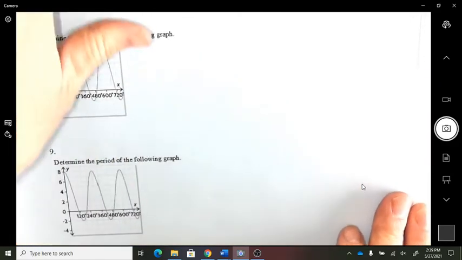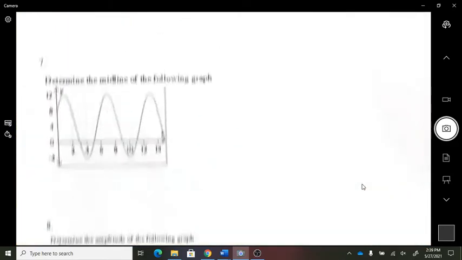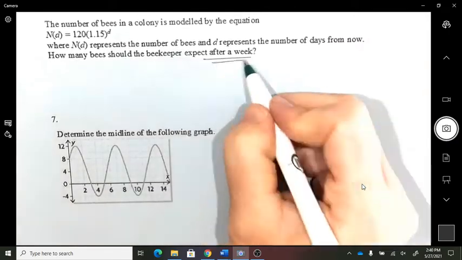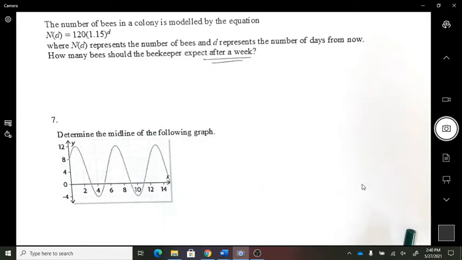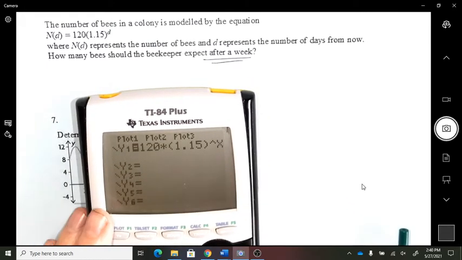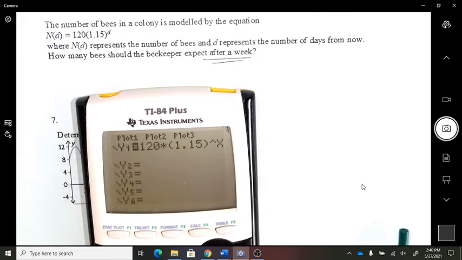Okay, the number of bees in a colony is represented by this exponential function. Okay, we're going to need to get our calculators out. Type in the equation.